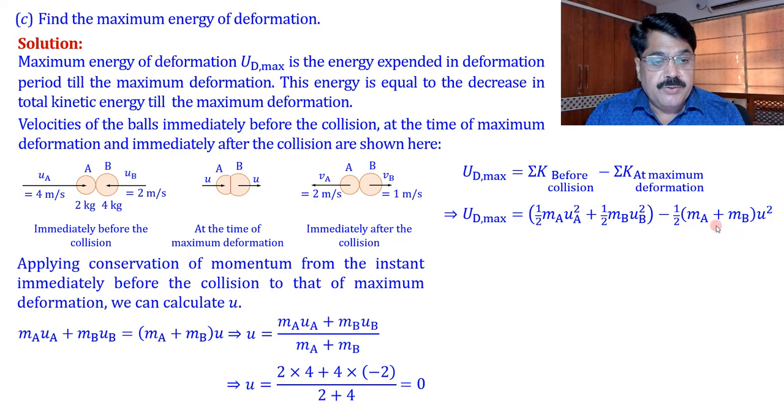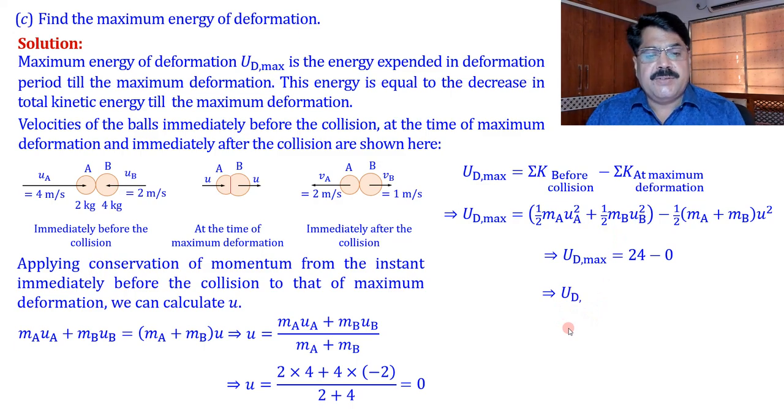Now you know that U is 0, so this term is 0, so we have to calculate only the first terms. Now substitute the values. UD max is equal to 24 minus 0. You can see it is 24 joule. So UD max is 24 joule. So that was how we calculated the energy that goes into deformation, or the energy that is utilized in the deforming process. Now we discuss the next example.